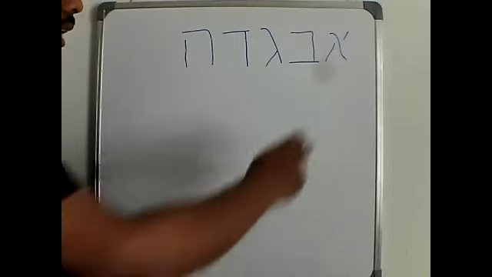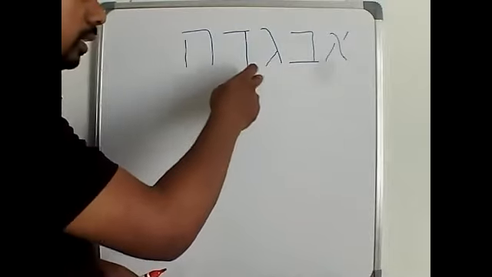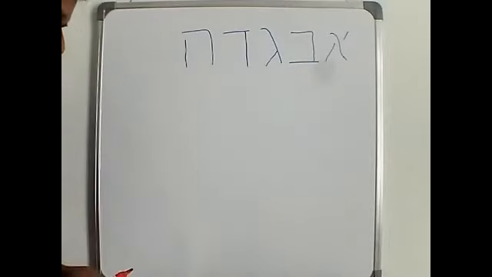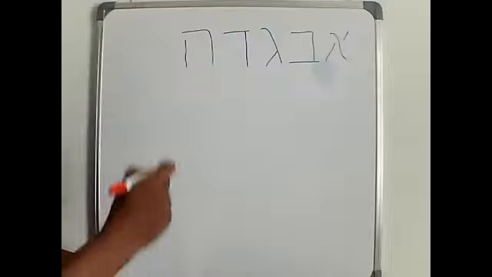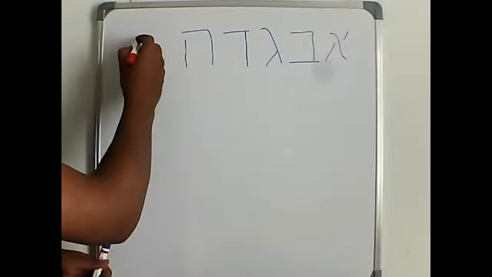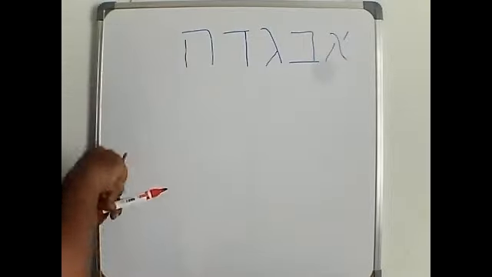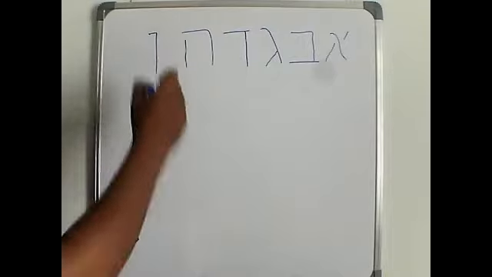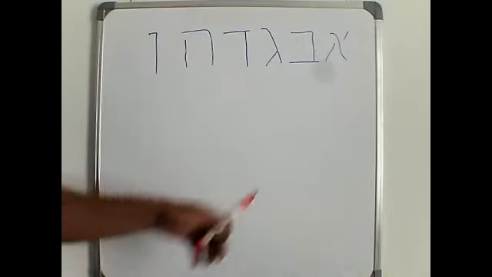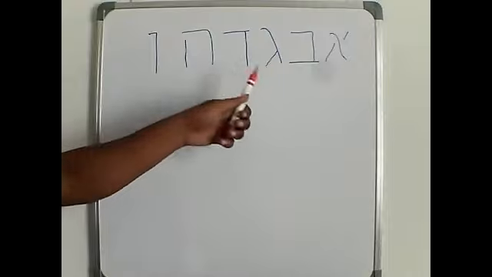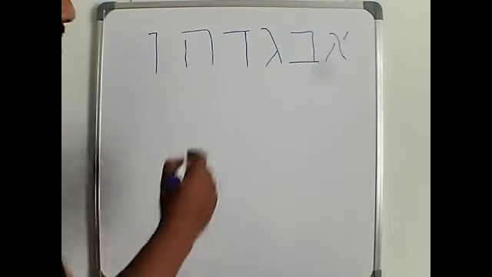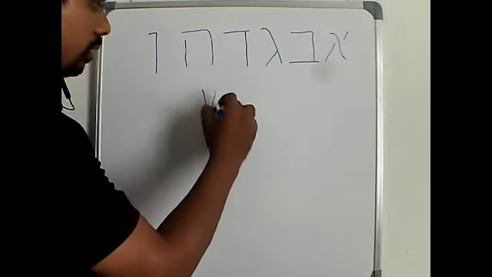The 5 letters: Aleph, Beit, Gimel, Dalet, Hey. And the next letter is Vav. Aleph, Beit, Gimel, Dalet, Hey, Vav. Now let me write. Vav.